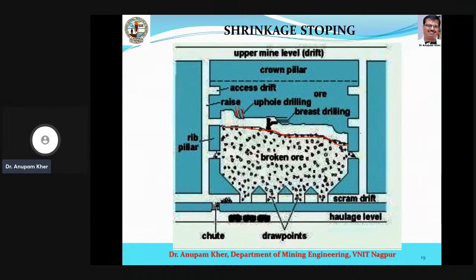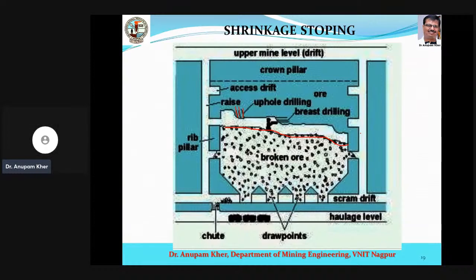Although it may support the walls, the ore strength and rock strength are both quite strong, competent enough that they do not require any support. Some roof bolts or cable bolts may be required here and there in weaker zones of the ore body, but the broken ore is not used as support to the walls.